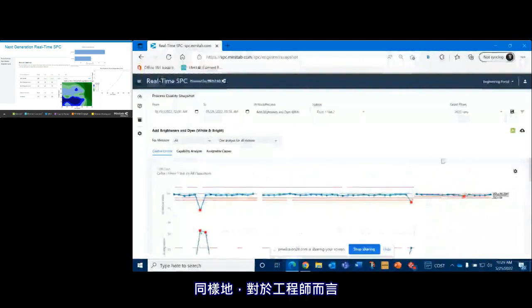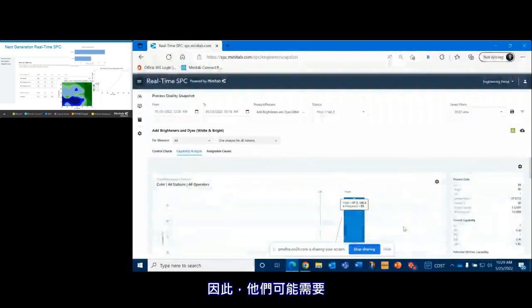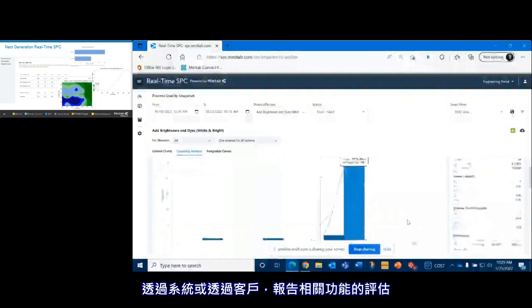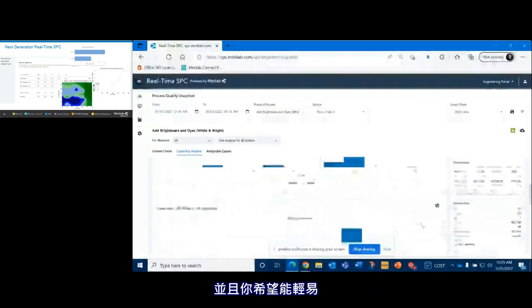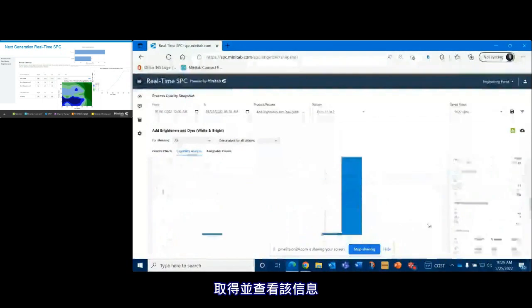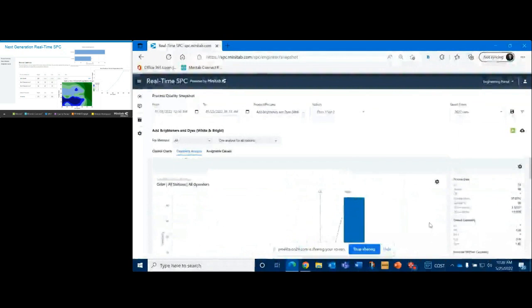Likewise, engineers need to not only see control charts, but also access things like capability analysis. They probably need to report that capability up through their system or up to customers, so you want that easily accessible, to see that information and share it.